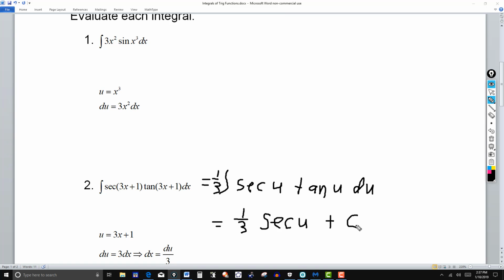And then just simply replace the u by 3x plus 1. Okay, now let's give the answer in terms of the original variable. So this will be secant 3x plus 1. Again, plus your constant of integration. Okay, this is your answer right here.